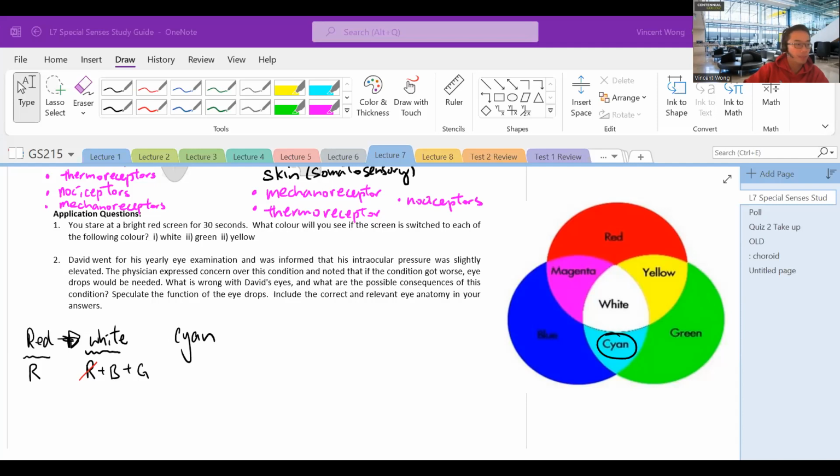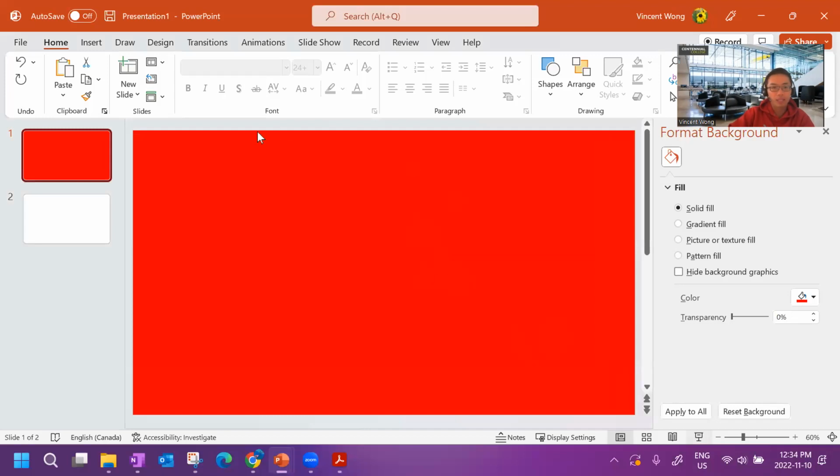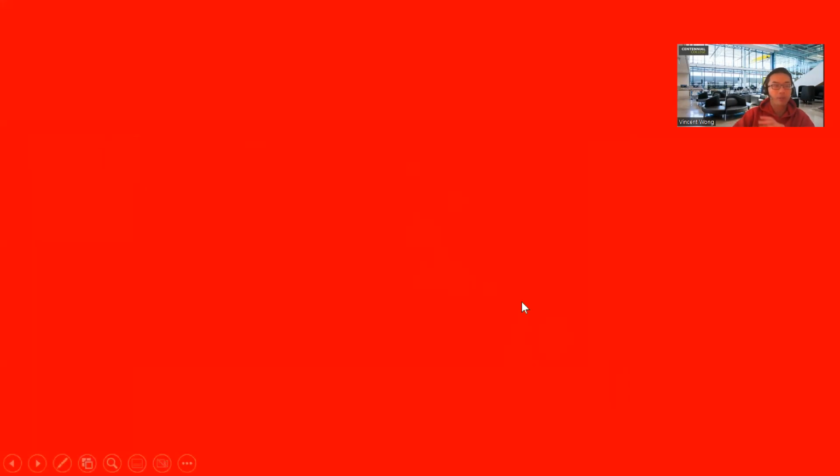I have to find my buttons here first. All right, so there is a red screen. Why don't you stare at this red screen? Oops, this is totally the wrong one. Sorry. Slideshow, play on the primary one. Okay, let's try that again. All right, there we go. There is a red screen.